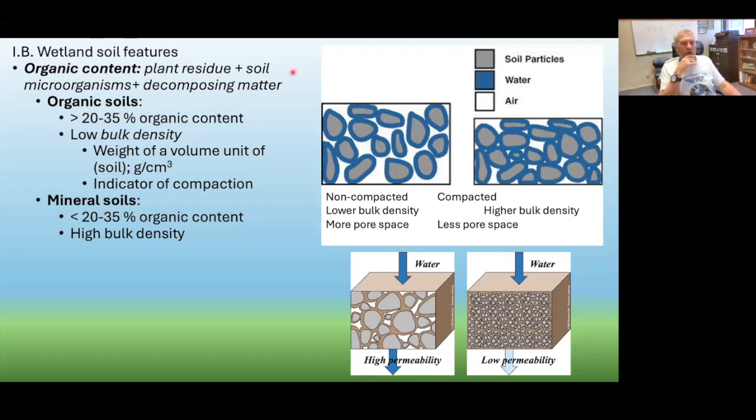So if you look here off to the right, you can see these soil particles, or they're supposed to represent soil particles, are not very compacted. You can see a lot of space between these particles. So they have a lower bulk density. So the grams per cubic centimeter of soil would be less, right?